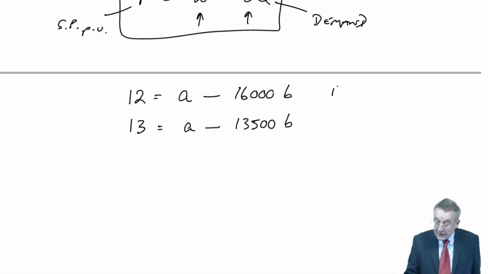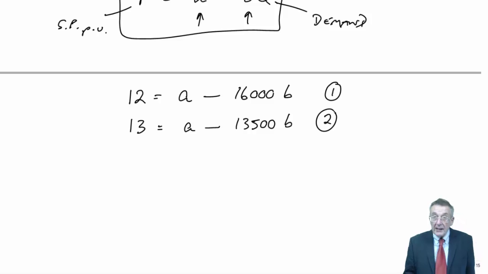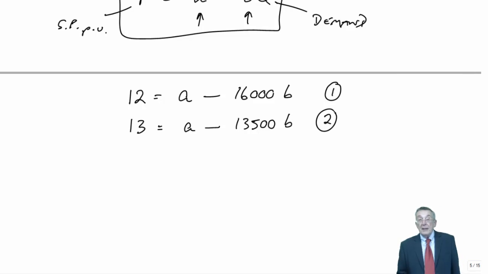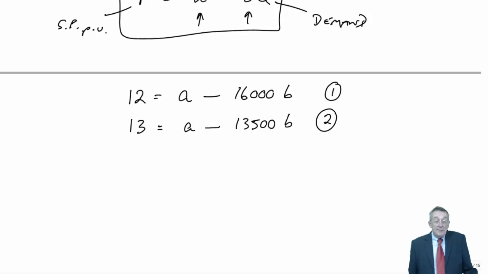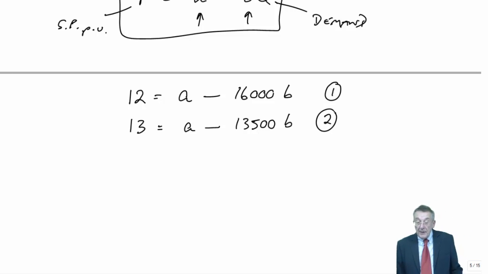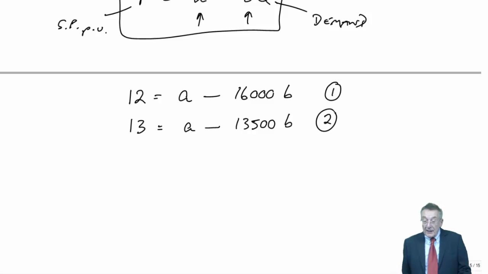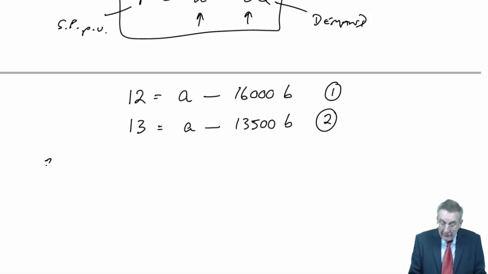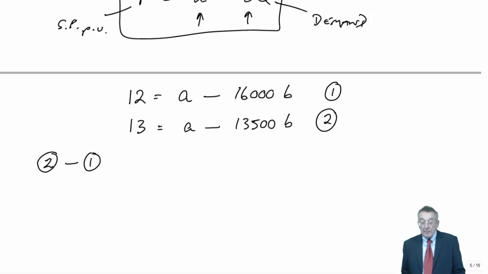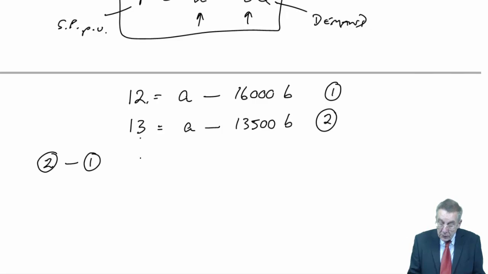I have two equations there in two unknowns. You should, from previous studies in different situations, be able to work out values of A and B. You could do it lots of ways. I'll do it the way I always do it. It doesn't matter, there's only one answer. If I subtract the first equation from the second, term by term, 13 minus 12 is 1. A minus A is 0.